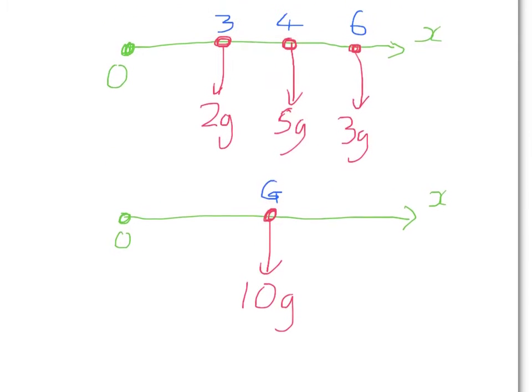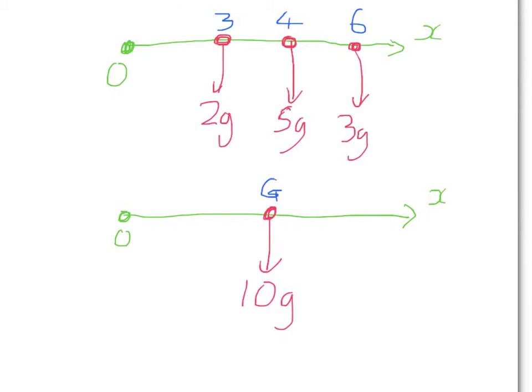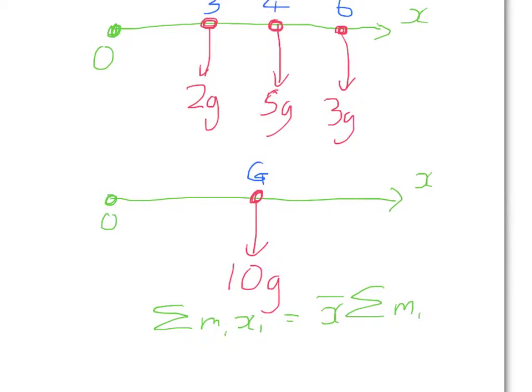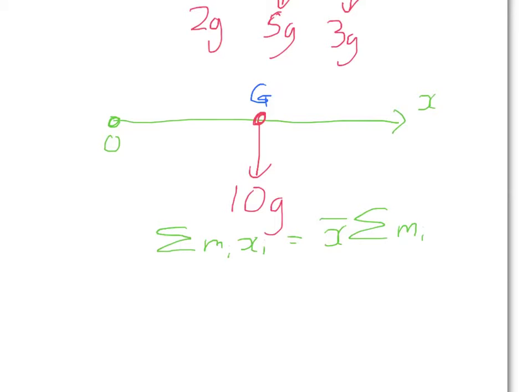So we've got this equation, the sum of mi xi is equal to x bar times the sum of the mi's. The distance between the first particle and the origin is 3, and we're timesing it by its weight, so 3 times 2g.